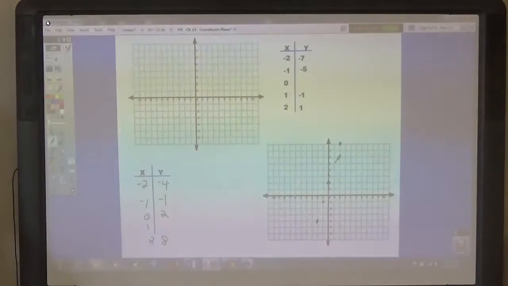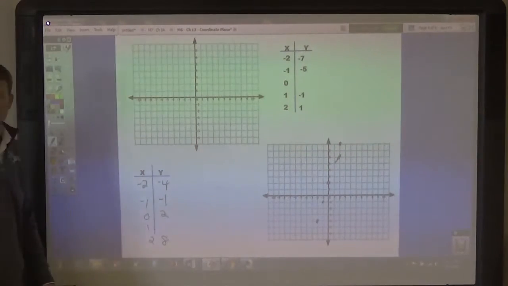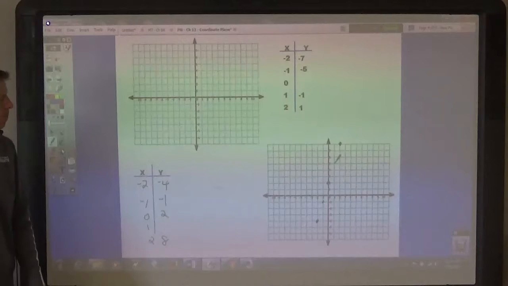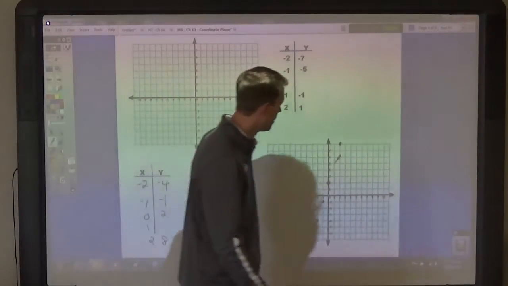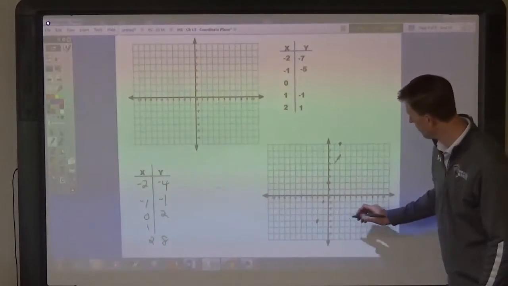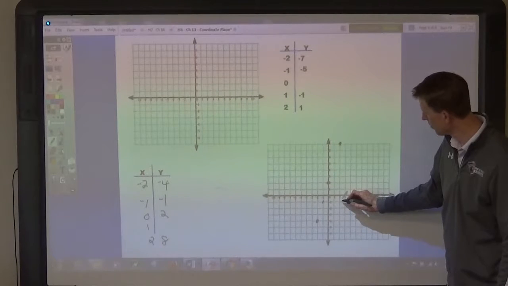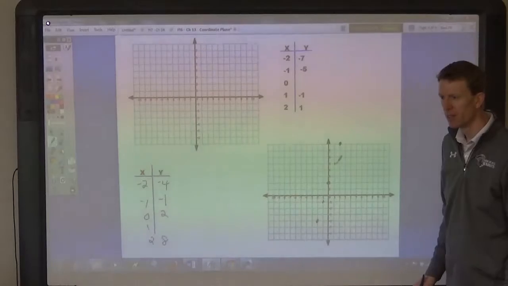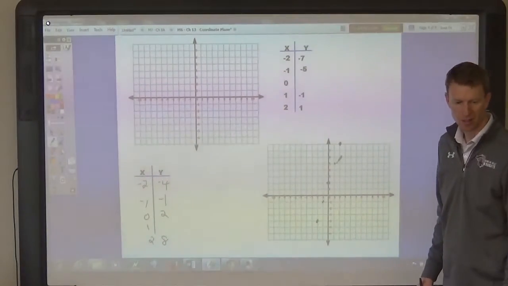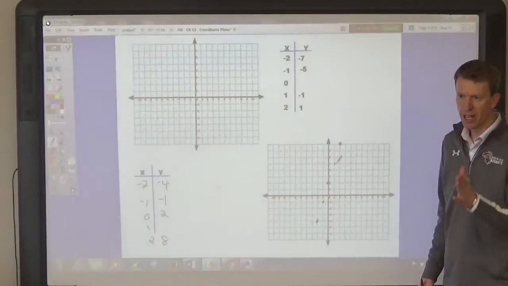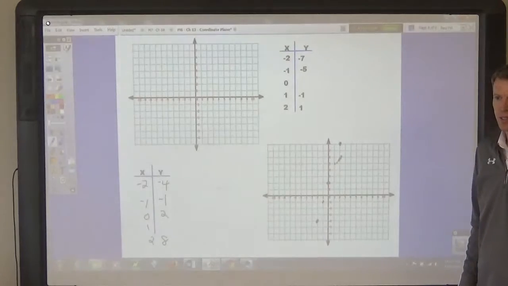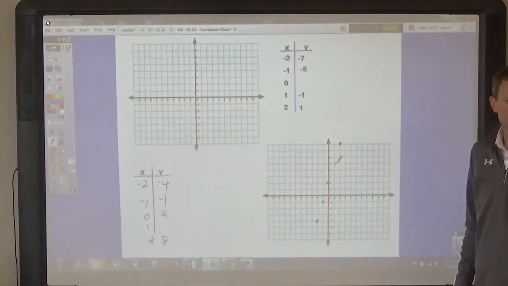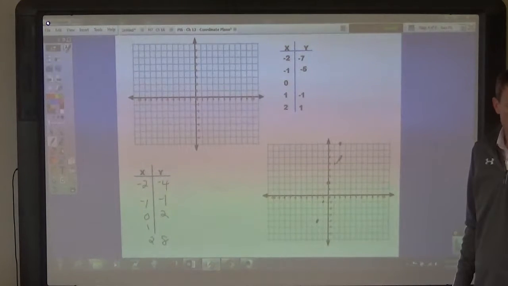Which one is missing now? That one? Close. 1, 5. If you use a straight edge, use a straight line, be as accurate as possible. Okay?